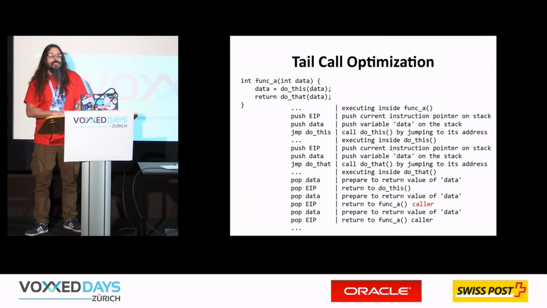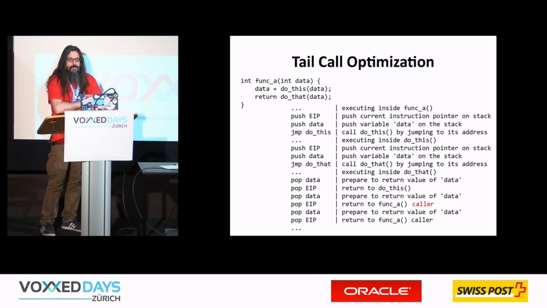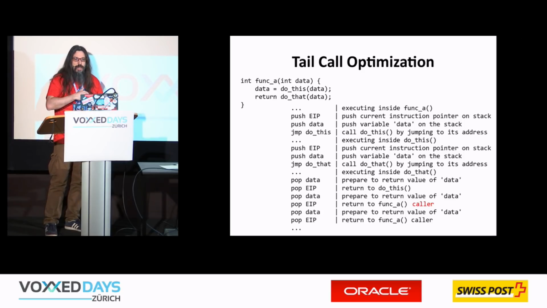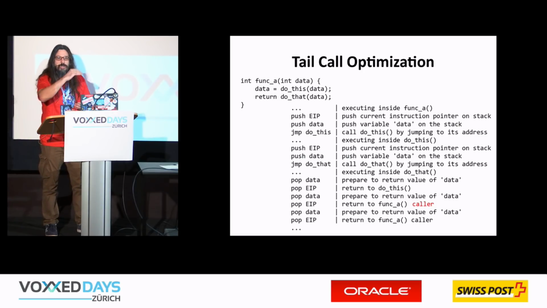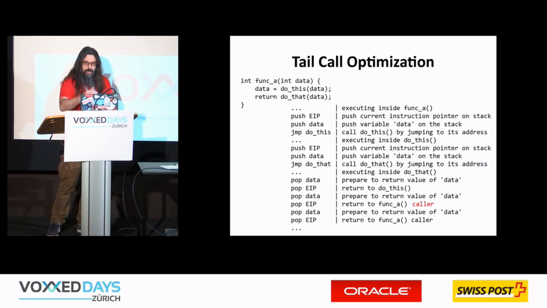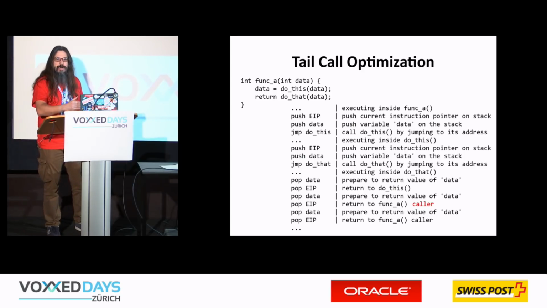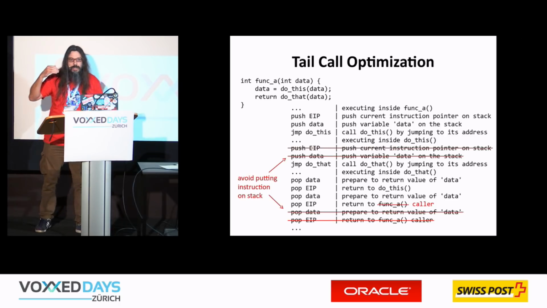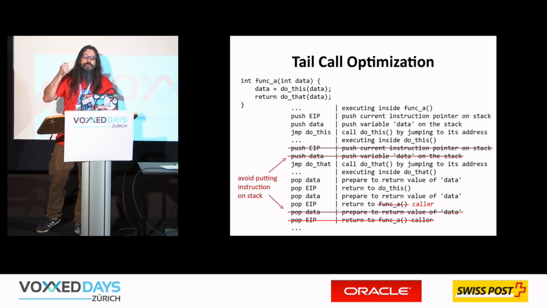In reality, in Scala, you don't have this problem at all, because there is something called tail call optimization, meaning that if a method is returning the result of the very last call, as in this example, that last call is not added to the stack. This is the pseudo bytecode that you have in Java. If you do the same in Scala, the invocation of doThat is not added to the stack.